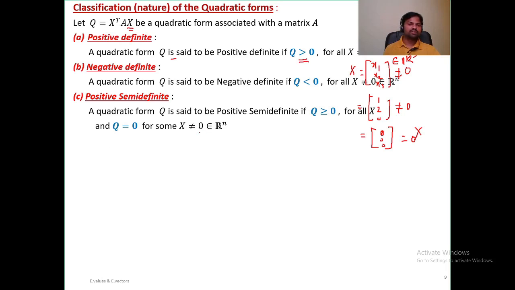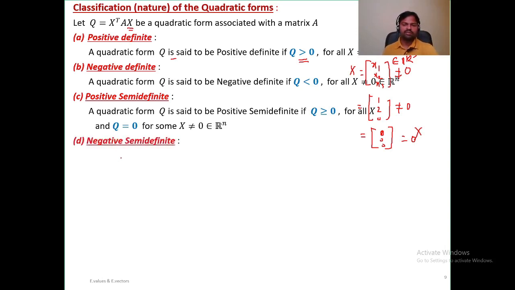The extra condition is, here Q is more than 0, here the equal to 0 will hold. For some x not equal to 0, there exists such a vector x at which the quadratic form becomes 0. If this is also happening, then such a quadratic form Q is said to be positive semi-definite. If it is always more than 0 for all non-zero values of x, then that is called positive definite. Okay, all these are some classifications.